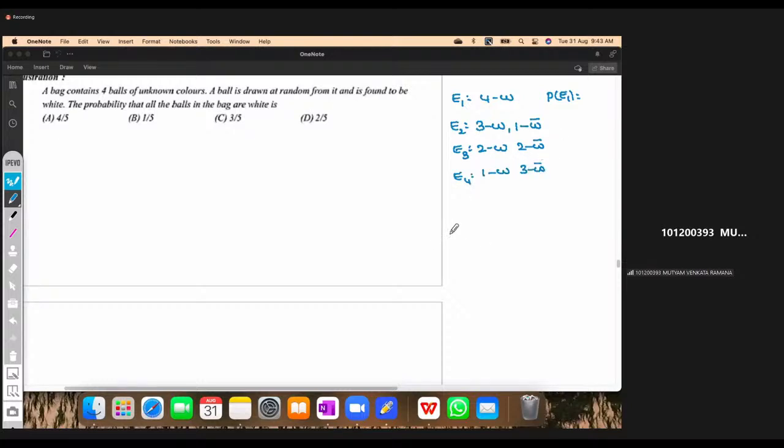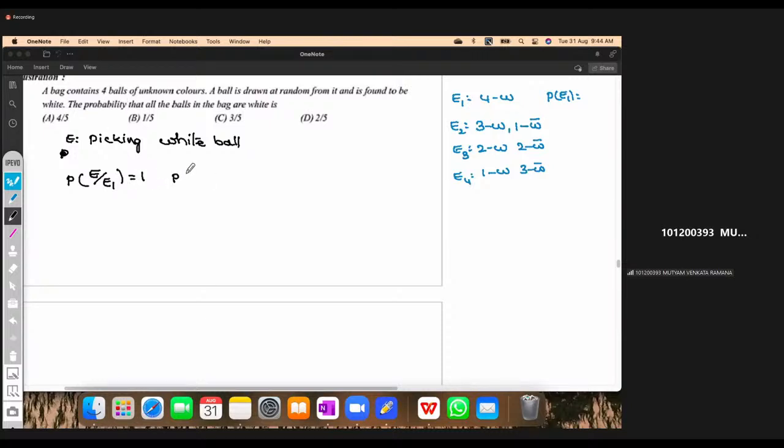That's it. These are only the 4 events. Now, E is the event of picking a white ball. What is the probability of E when it is E1? 1.